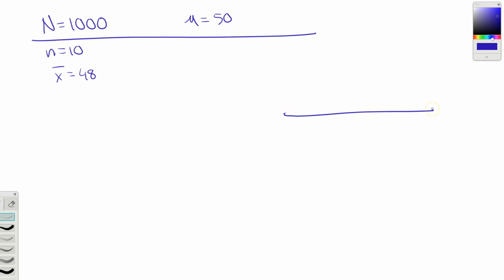But here's the thing. This is calculated by taking the sum of your x's and dividing by big N. This is our estimate based off of this formula.